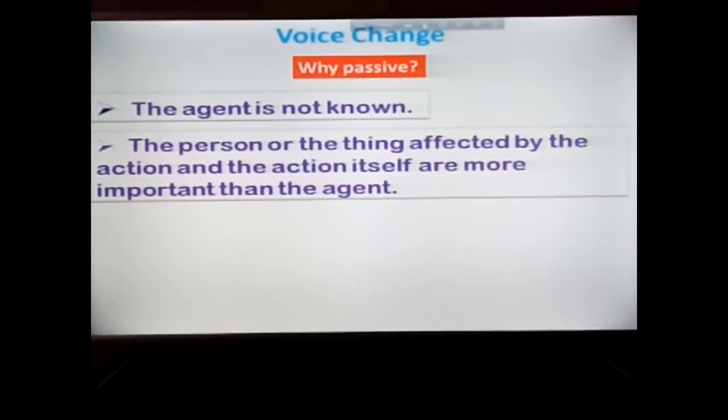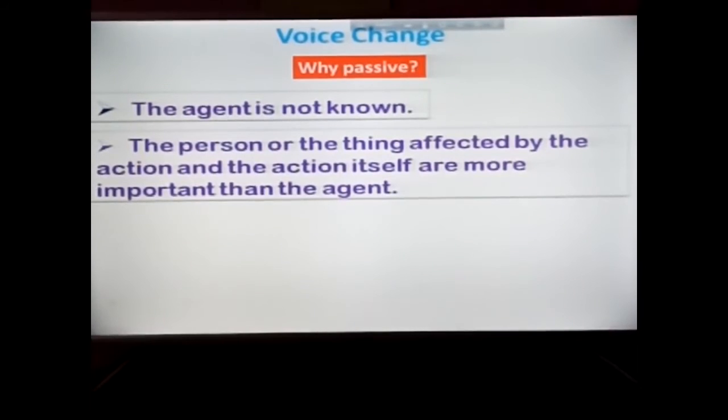So, dear students, you see, you use a passive sentence when you do not know who the agent is who has done the job, and again you use a passive sentence when you consider that the person or the thing that is affected by the action and the action itself are more important than the agent.